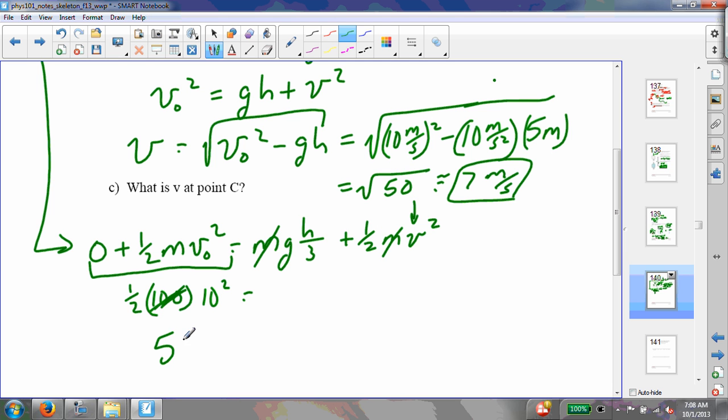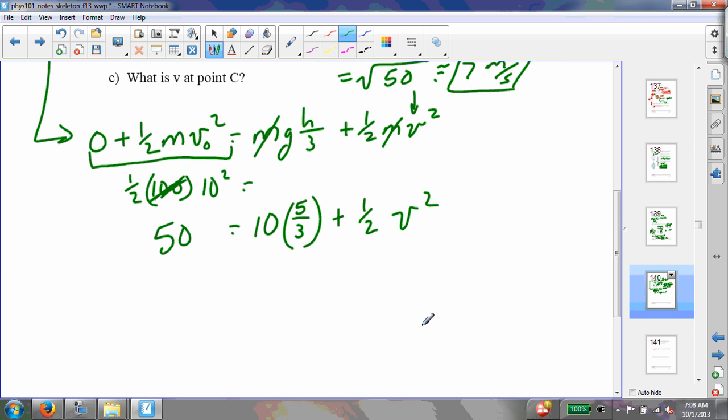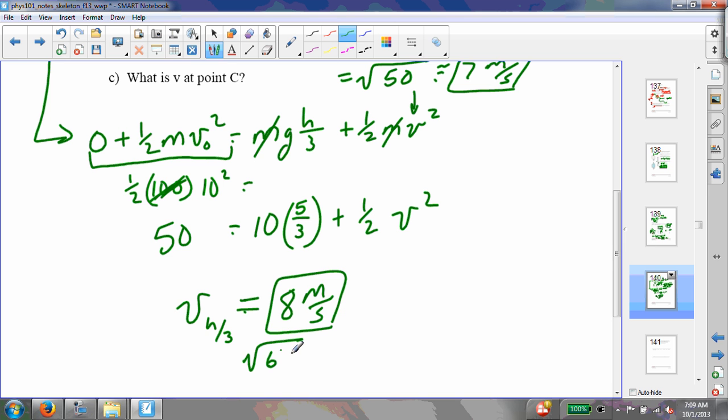But I have 50 equals 10 times h over 3, h is 5 over 3, plus 1/2 v squared. And I solve that for v, and this is going to be my speed at the position h over 3, and that's going to equal 8 meters per second. It's the square root of 67, which is approximately 8 meters per second. Okay?